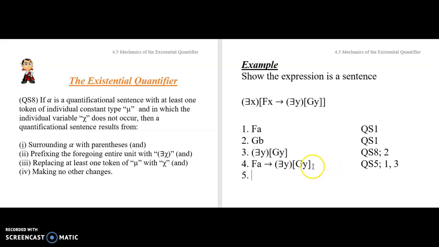So what we can do now is surround this entire unit with parentheses, right?